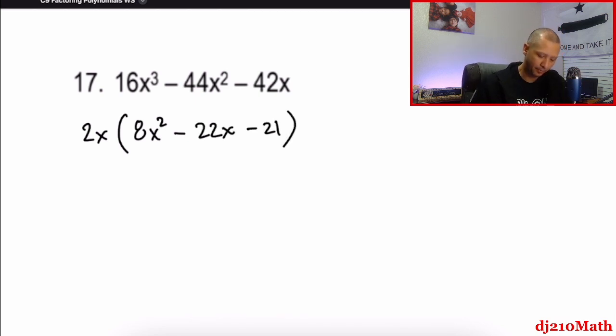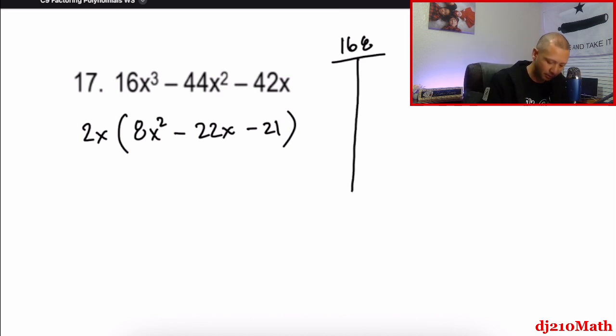Okay. 21 times 8, 168. I feel like this list is going to get long. So two numbers that multiply to make 168, right? Because I'm multiplying 8 times negative 21, so it's got to be negative.